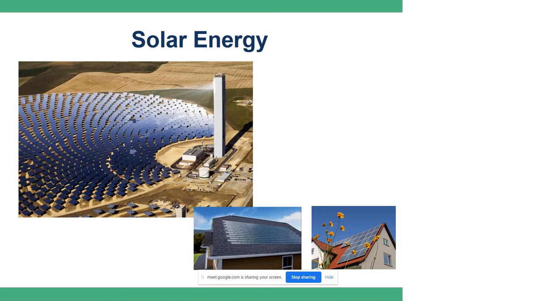So these are a couple of examples wherein solar panels have been installed on rooftops, and the bigger picture shows how many solar panels have been put along in a pattern to make a big solar energy power plant.